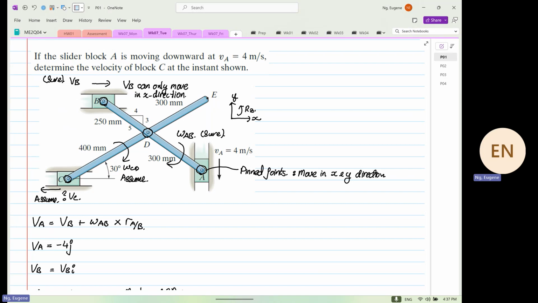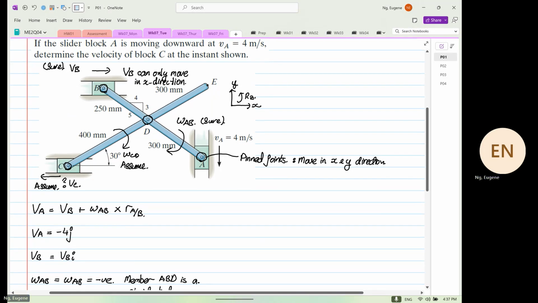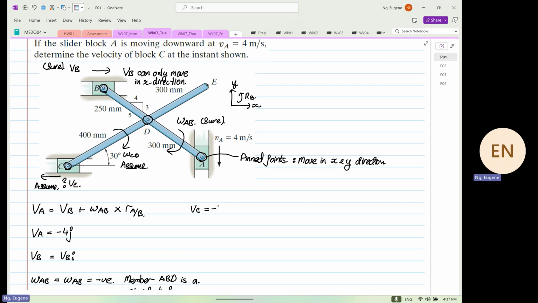So we can write further that VC is equal to negative VCI, because VC only has one direction, yes or no? It can only move left and right. It cannot move up and down.